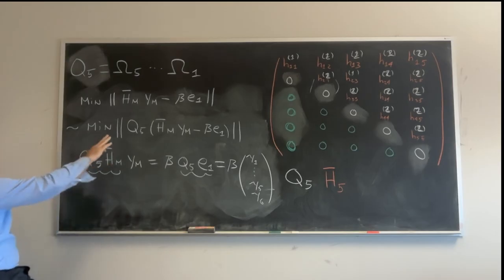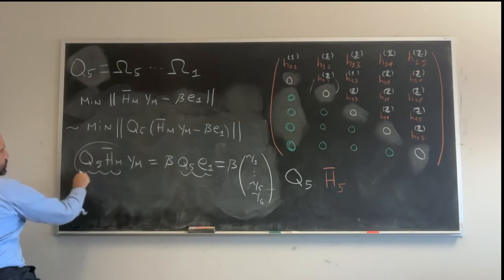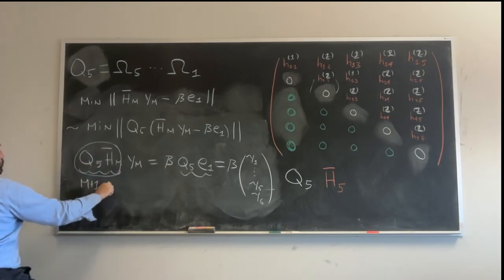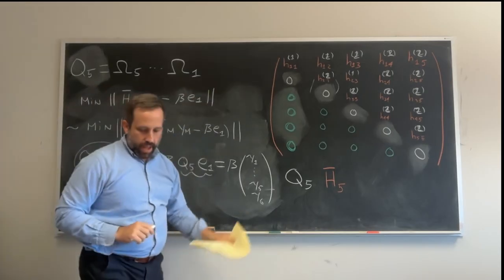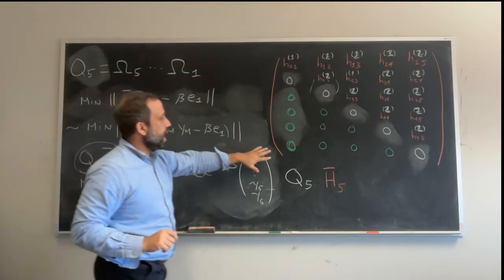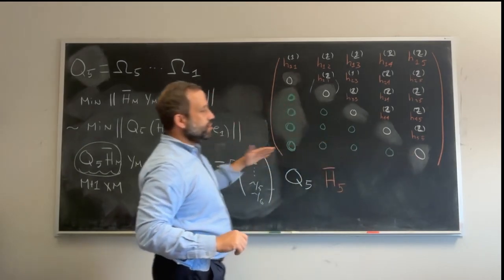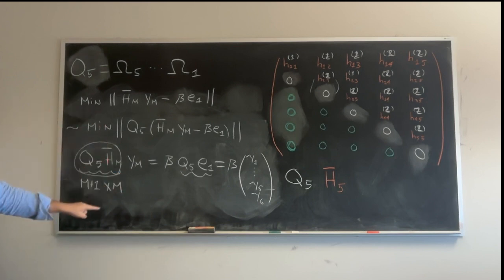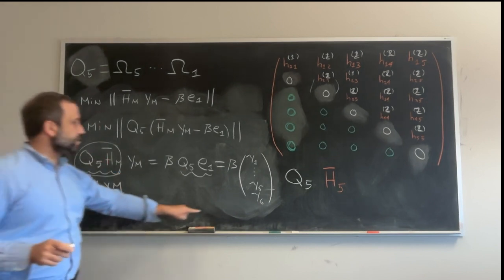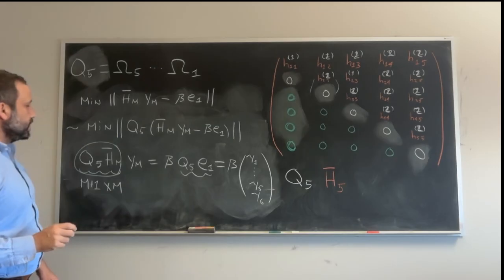This matrix right here is m+1 by m. Okay, 6 by m. But notice what happens. The last row of this matrix is just equal to 0. So I need to basically delete the last row of this matrix, and I need to therefore delete the last entry, this y6 here.